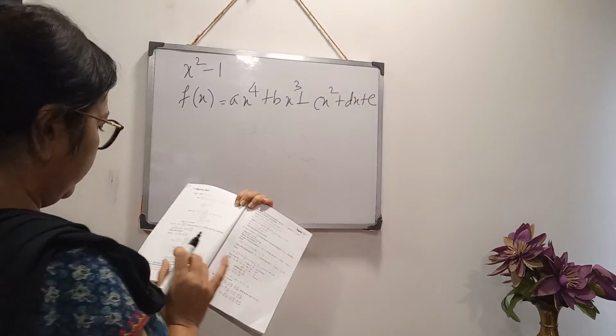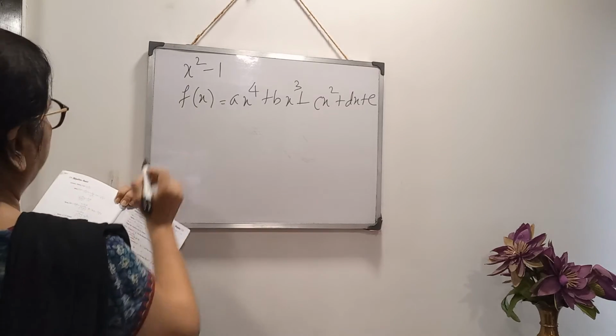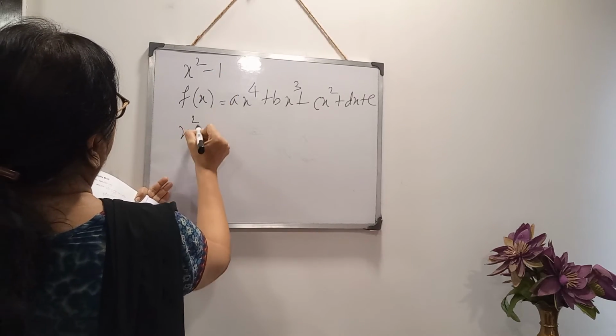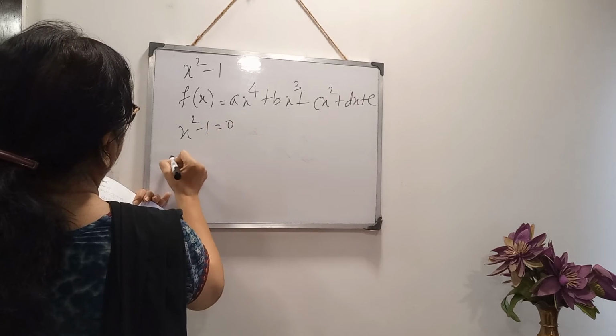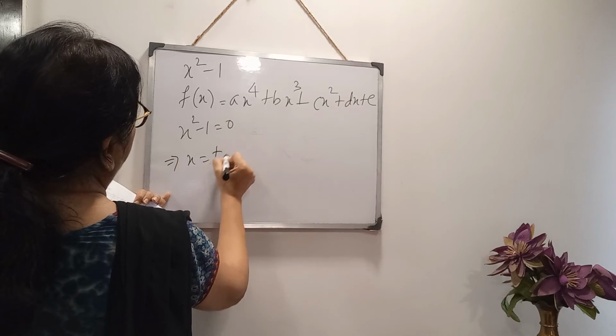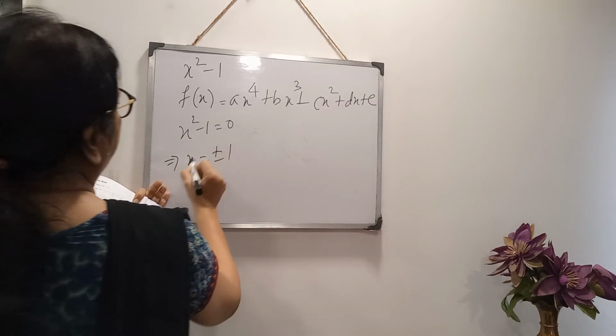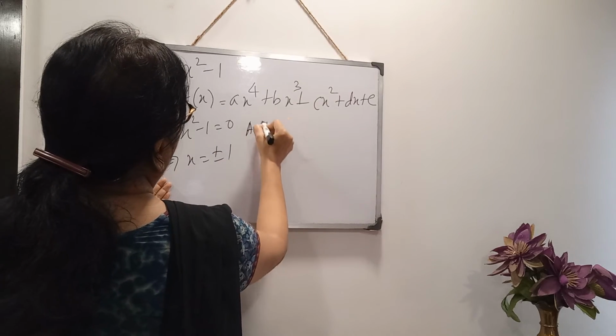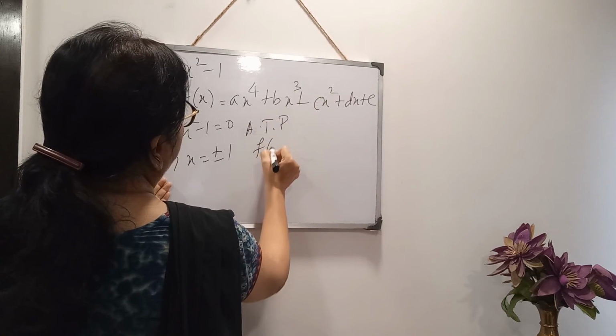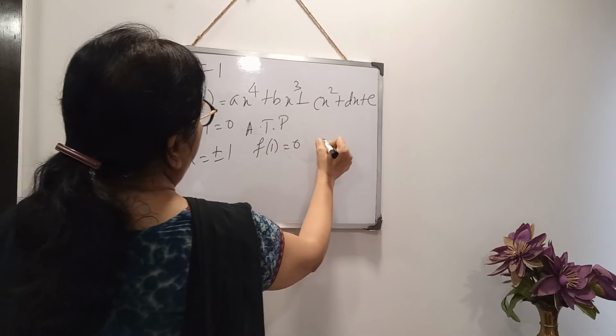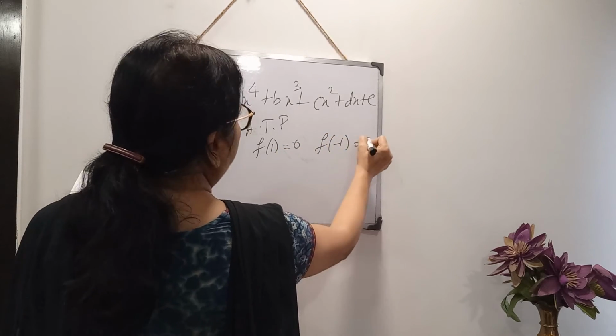Then some relations are given, we will calculate. As x square minus 1 is a factor, so x square minus 1 equal to 0 means x equal to plus minus 1. So it is a factor. So according to the problem, f(1) equal to 0 and f(-1) equal to 0.